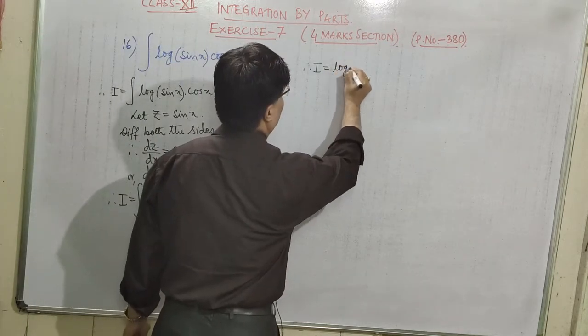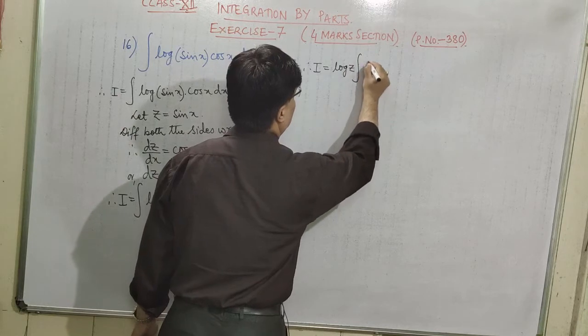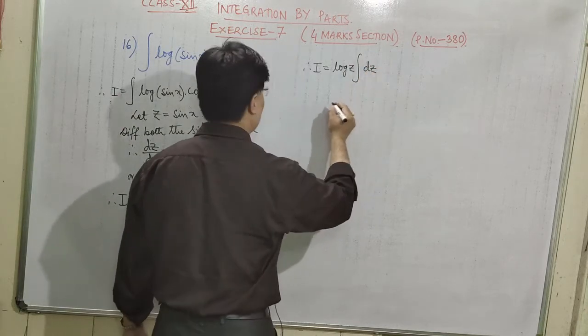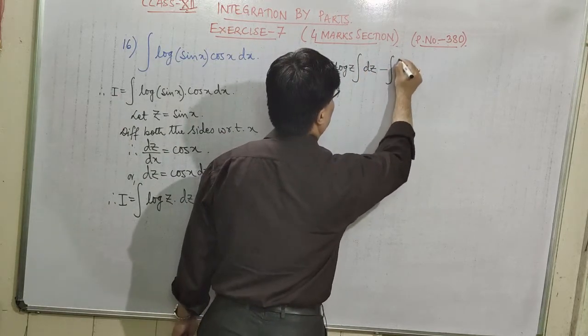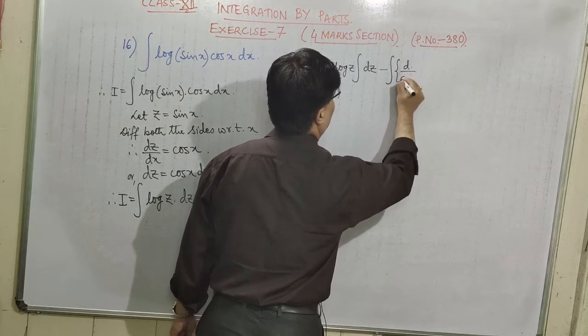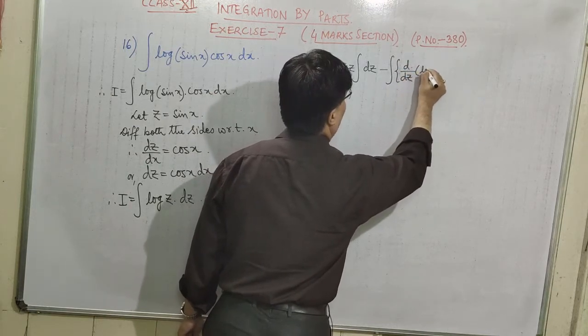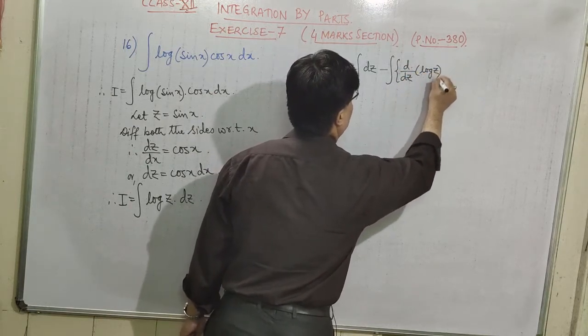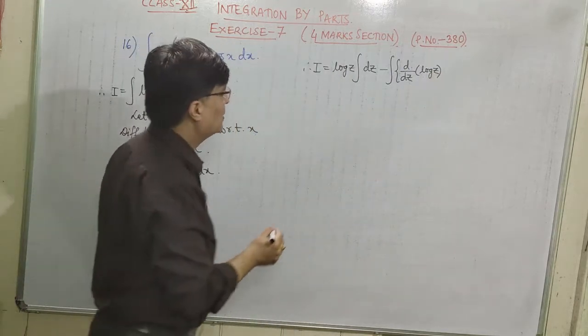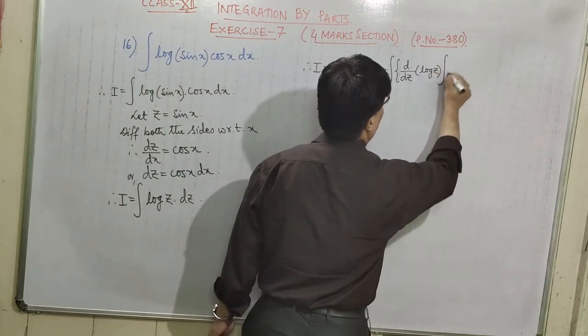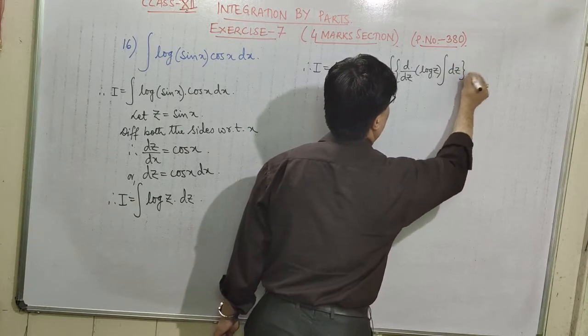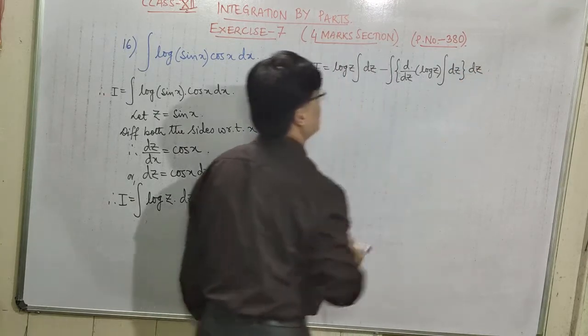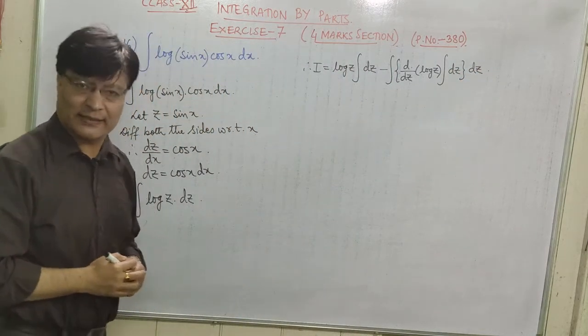So let us use integration by parts: log z integral sign dz, then minus integration of second bracket. This is d by dz of log z, right? Then integral sign dz, second bracket closed dz. Is that clear?